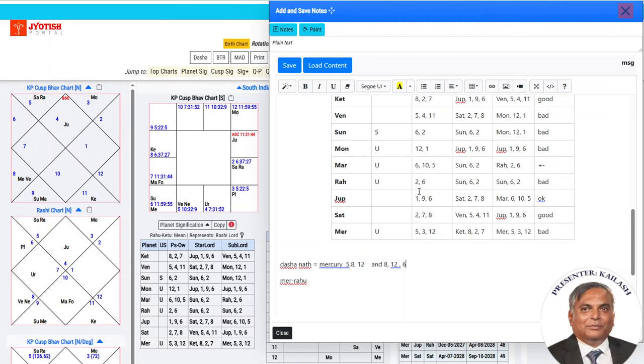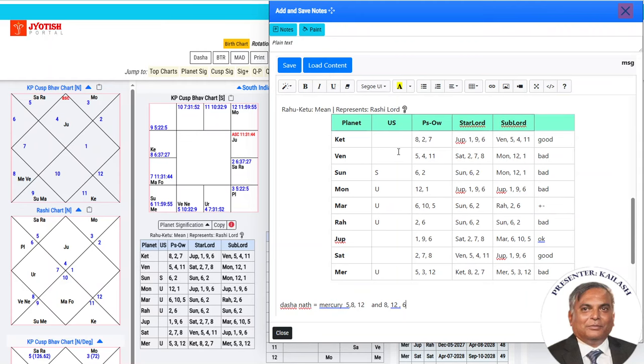Actually, you can create the map of the financial position for the entire Mercury period, and this is the way to do it in the Krishnamurti Paddhati framework.